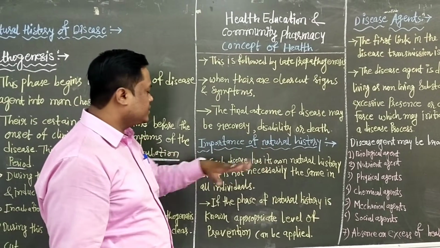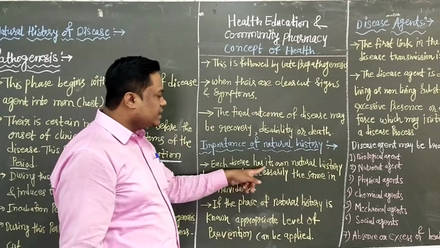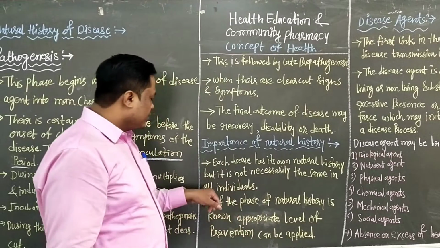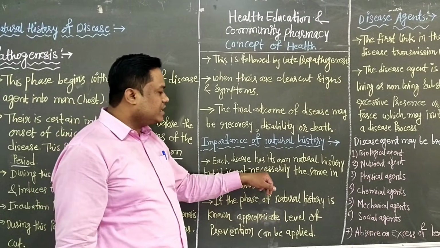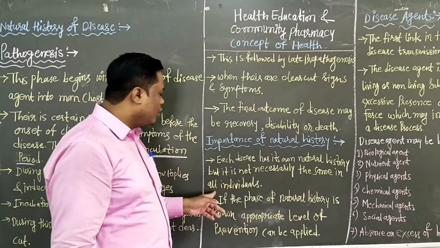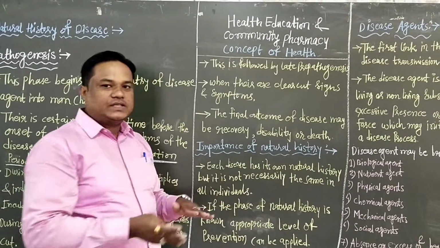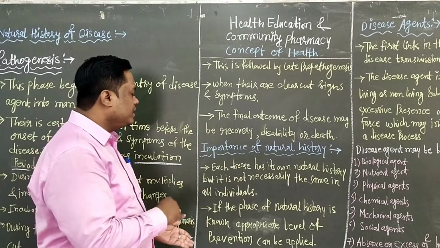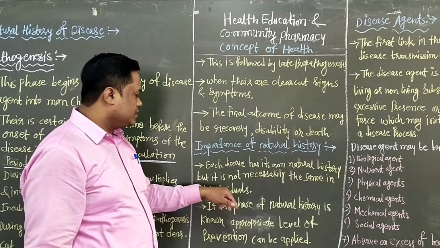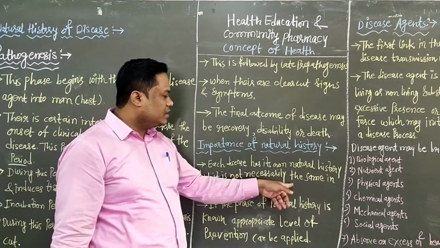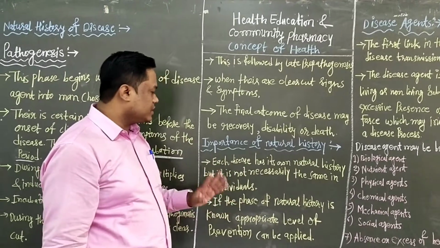Then we have to see the importance of natural history. Each disease has its own natural history, but it does not necessarily occur the same in all individuals. The disease agents or signs and symptoms are different in different individuals.